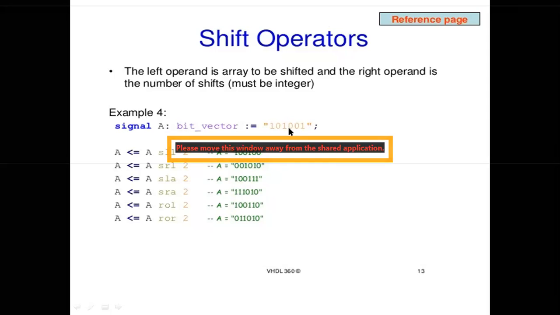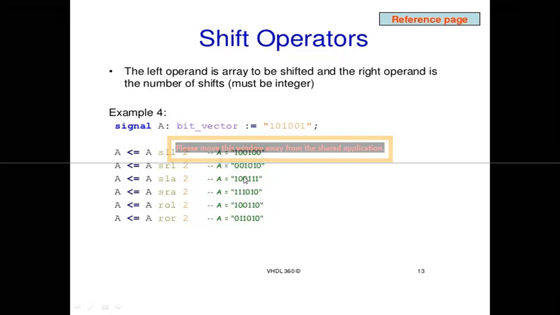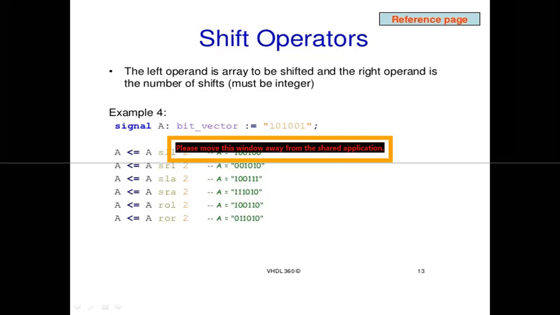That is, these 4 MSB bits, 1010, are shifted to the LSB side, and the 2 MSB bits are considered as zeros. That is shifting to the right side.